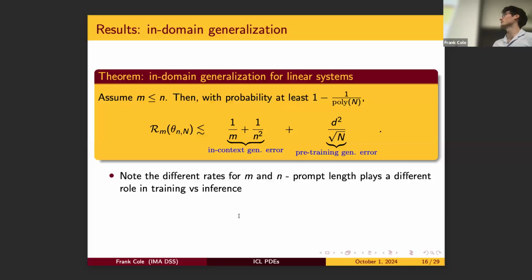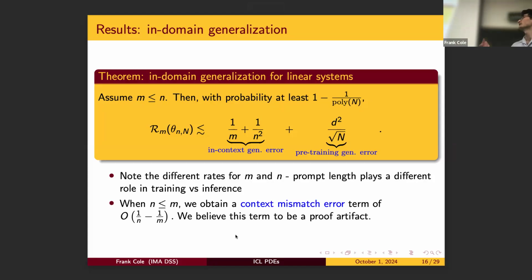And we're not the first to observe this in theory. And the rate for the capital N, we conjecture may not be sharp because of the techniques we've used, but we also do some numerical experiments to try to verify these scaling laws. And actually the 1 over square root of capital N, we appear to see in the numerics as well.